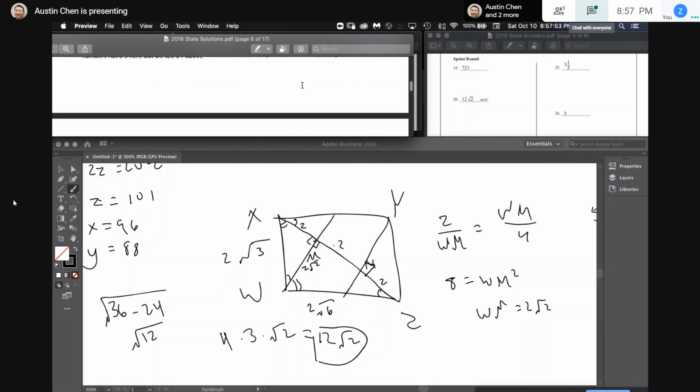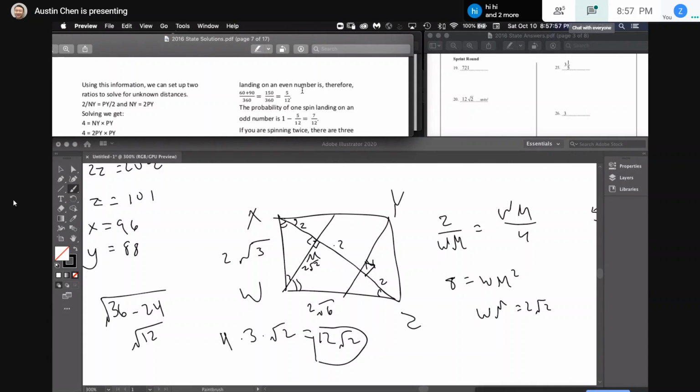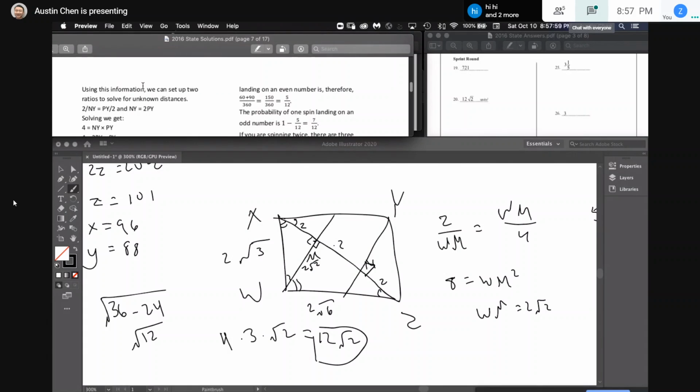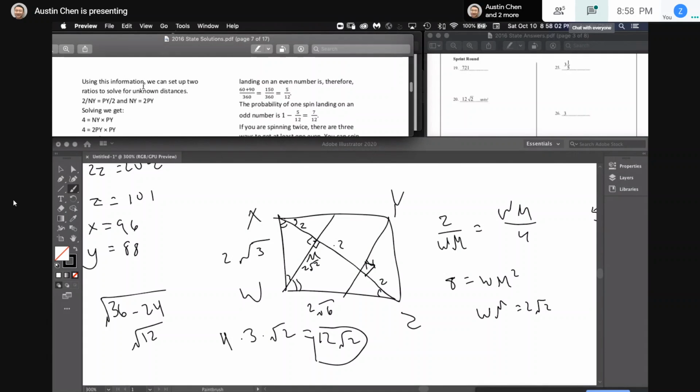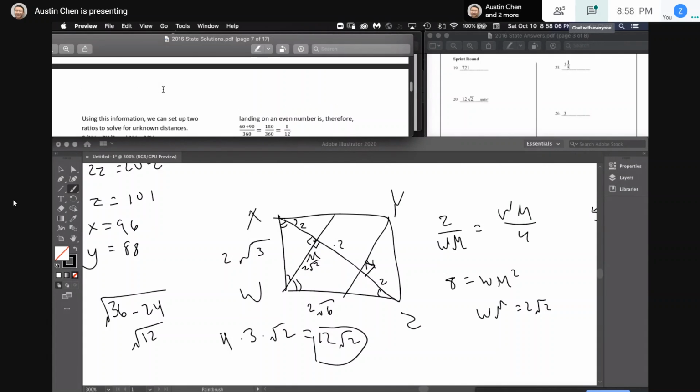And then what? Using this information, 2 over NY equals PY over 2.